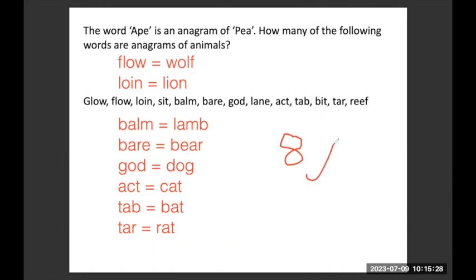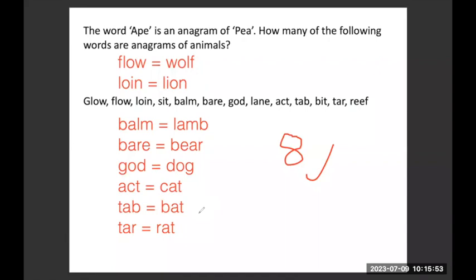Any doubts? Any questions in this? Ma'am. Huh? Hello? One is left. Yes, which? Yeah, which one? The reef one, the last. What will that come to?